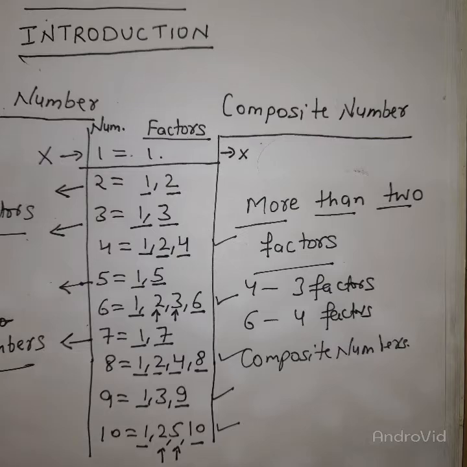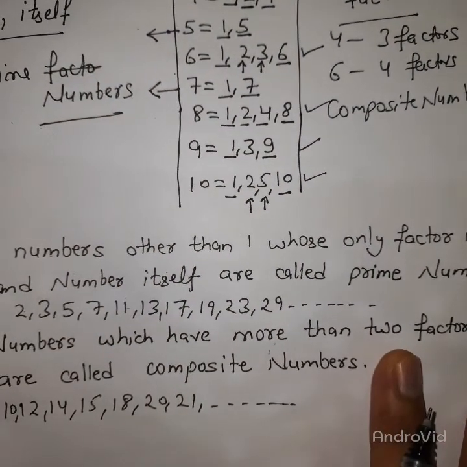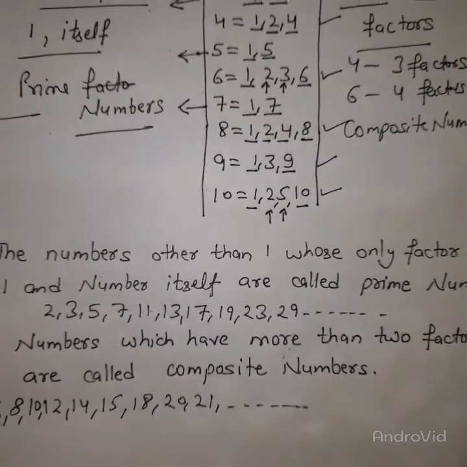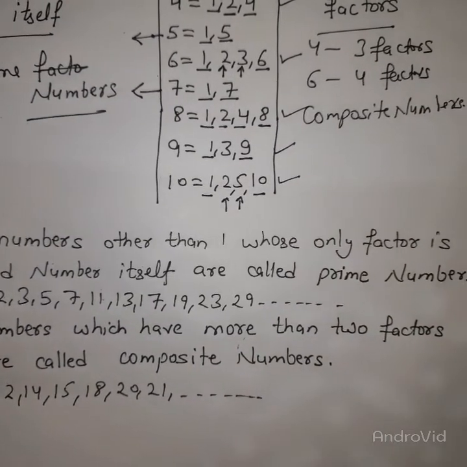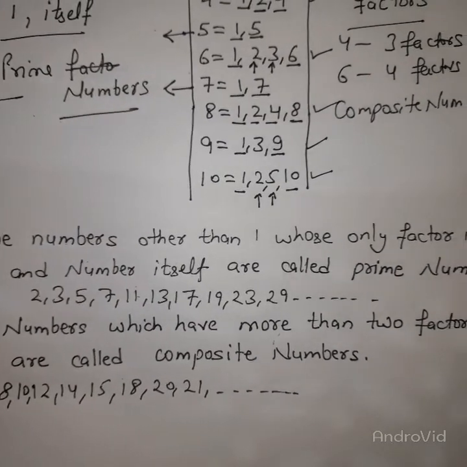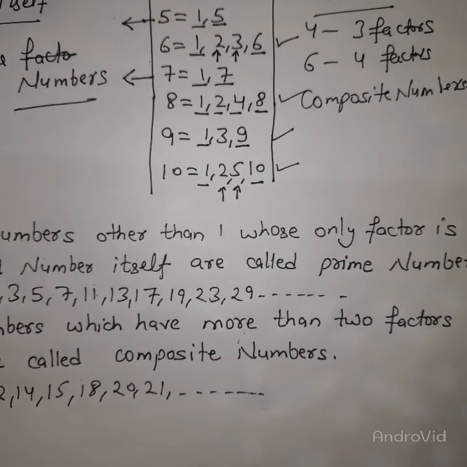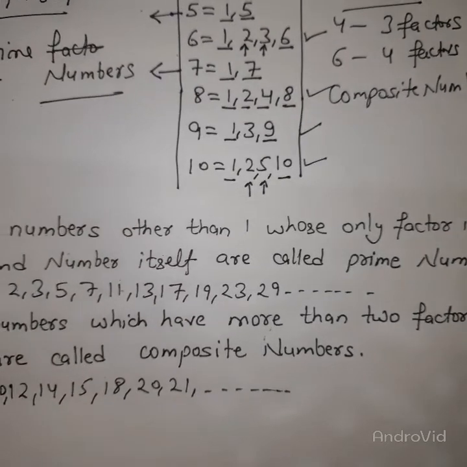Now let us come to the definition of a prime number. The definition of a prime number is: a number other than 1 whose only factors are 1 and the number itself is called a prime number. वो सभी नंबर्स जिनके एग्जैक्टली टू फैक्टर्स होते हैं, 1 और नंबर इटसेल्फ आर कॉल्ड प्राइम नंबर्स.